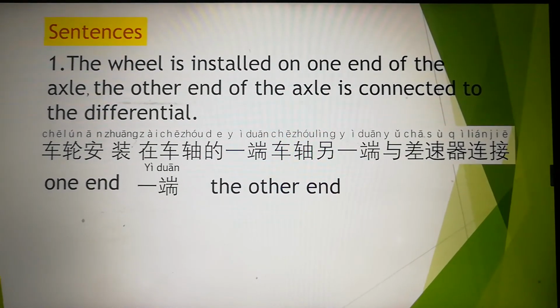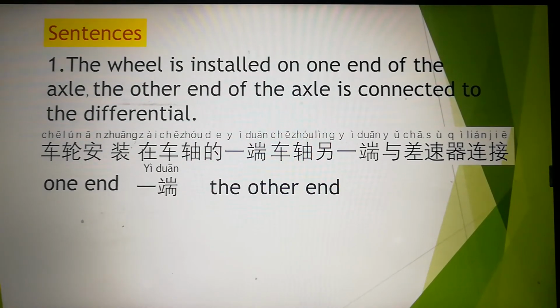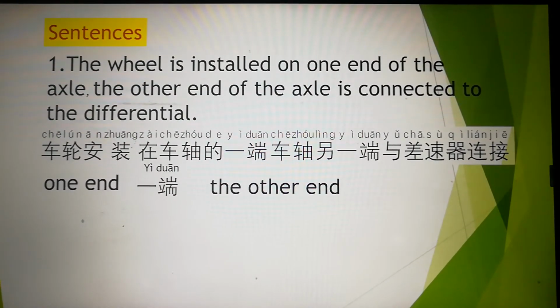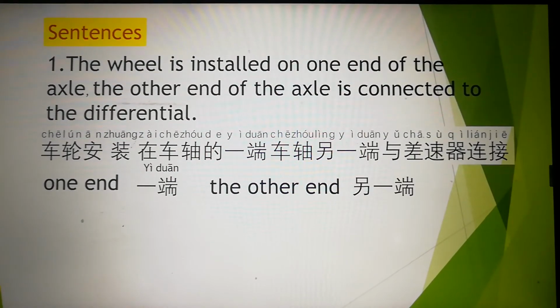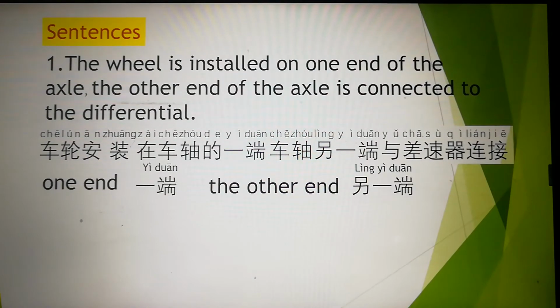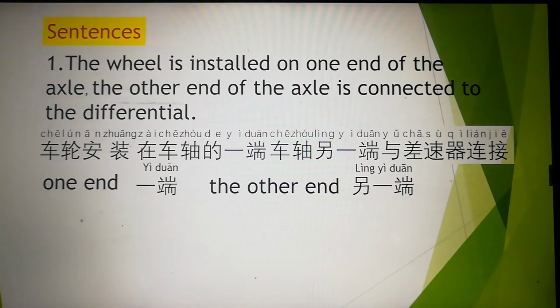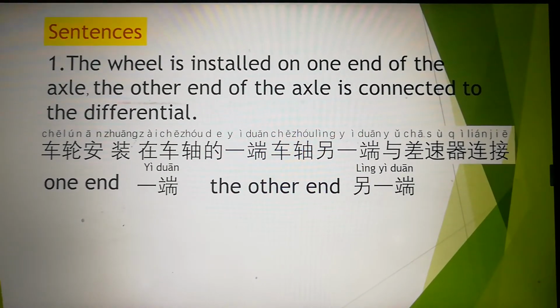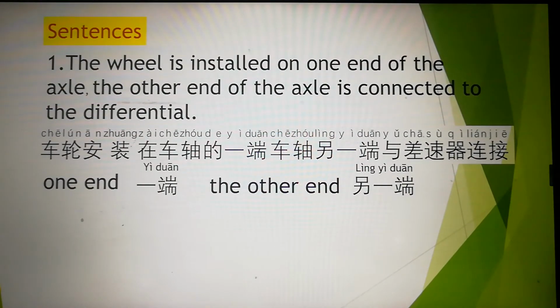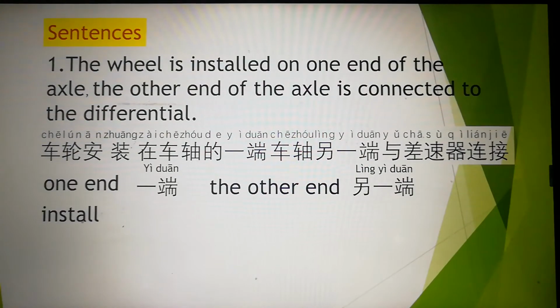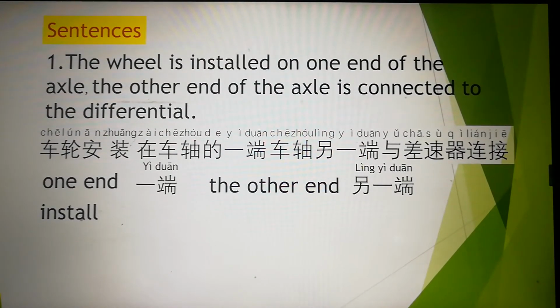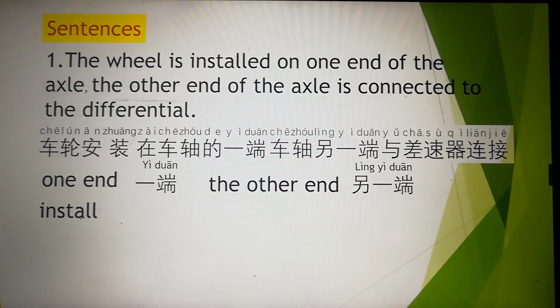How to express the other end in Chinese? In Chinese, the other end can be expressed as 另一端. Install. How to express install in Chinese?